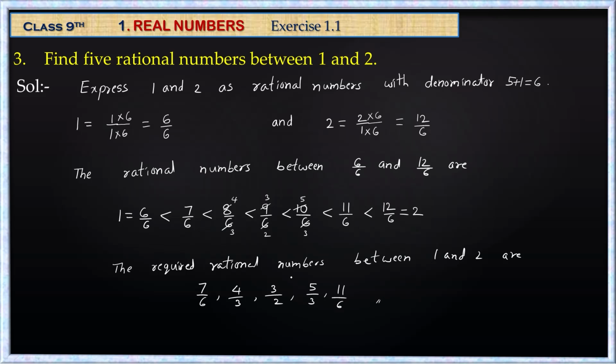Not only these, there are infinite number of rational numbers between 1 and 2. We can give the answer in so many ways.